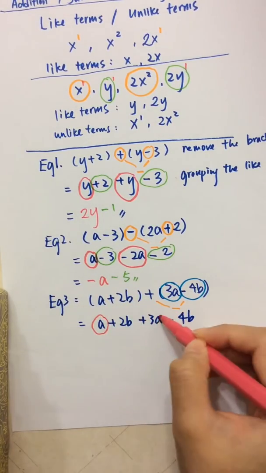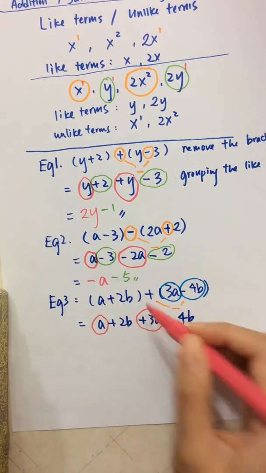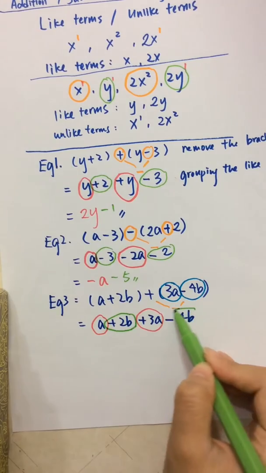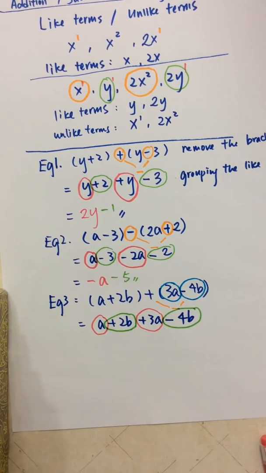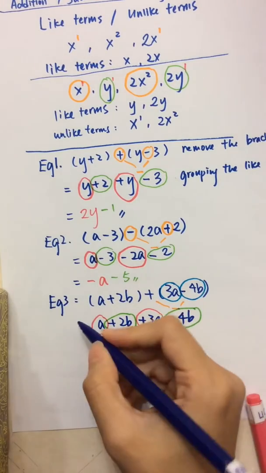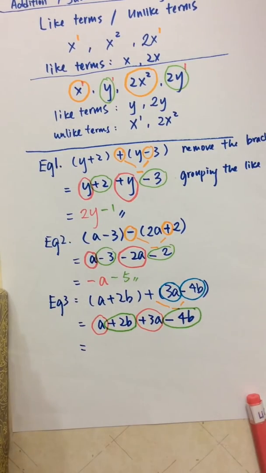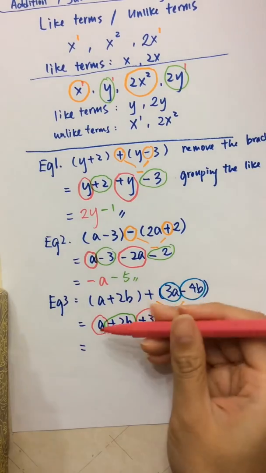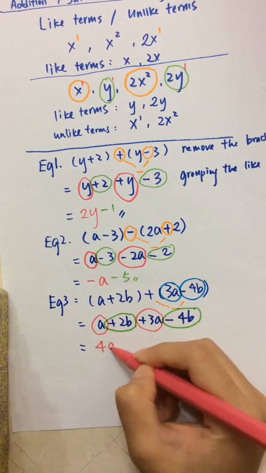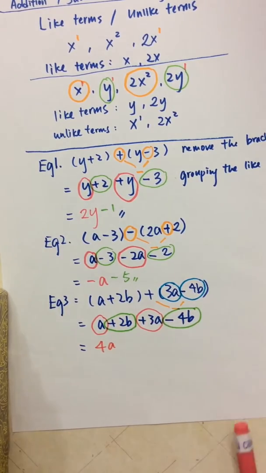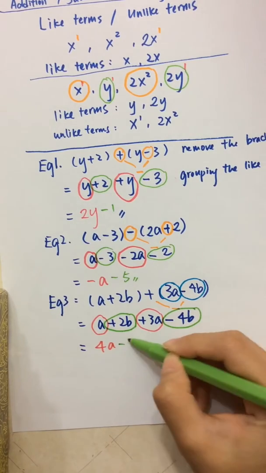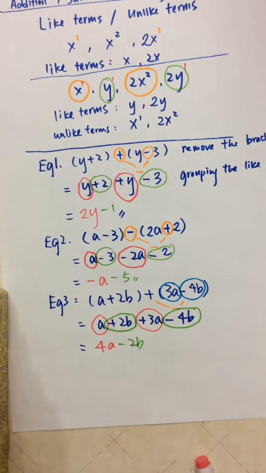A with plus 3a. Another one should be plus 2b minus 4b. So that's why you need to write it down. For the further calculations, a plus 3a will become 4a, plus 2b minus 4b will become negative 2b.